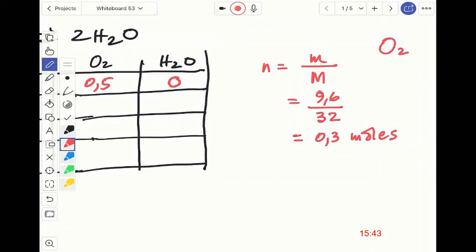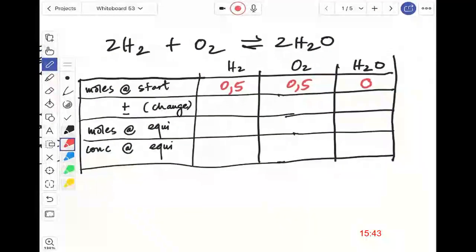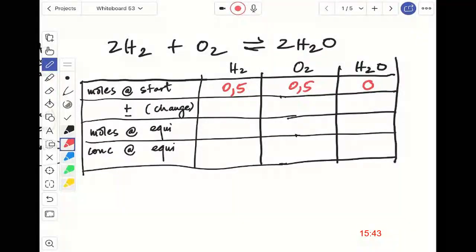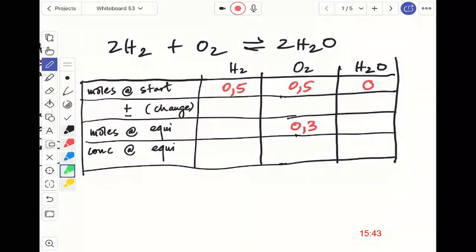Right, so if we are given grams, we turn it to moles and then we can use it in our table. So the other piece of information that was given was that the oxygen at equilibrium was 0.3. And that is all written in red. Okay, so it is at this stage that I've put in all the information.